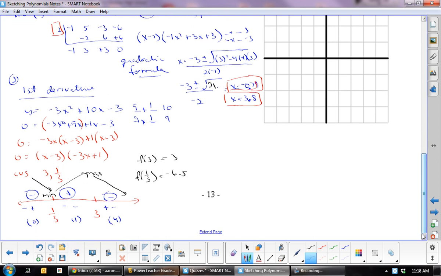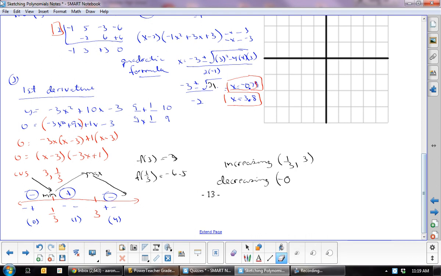And the other thing I want to just say is that we are increasing over the interval 1/3 comma 3, and decreasing from negative infinity to 1/3 union 3 to infinity.